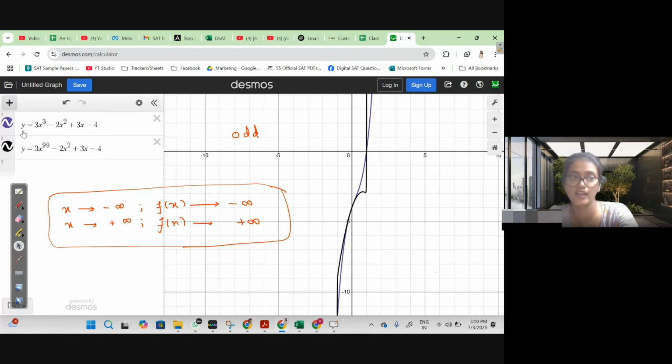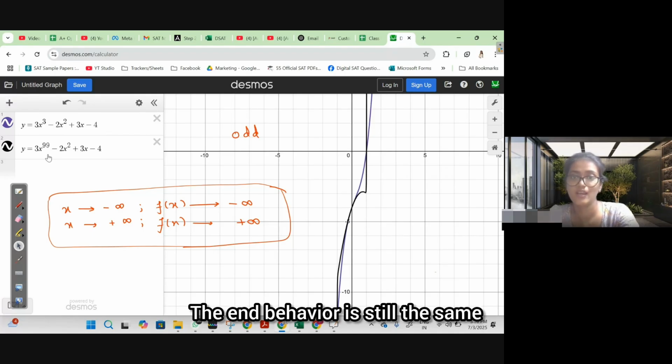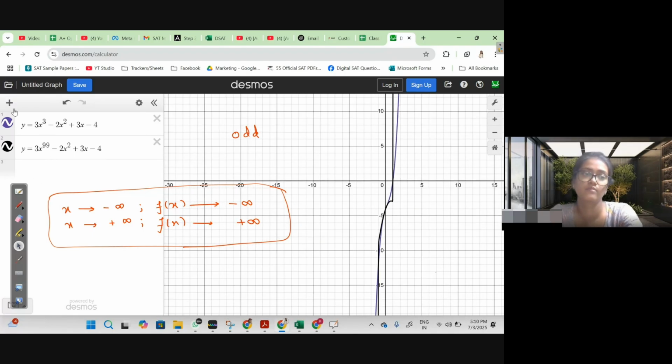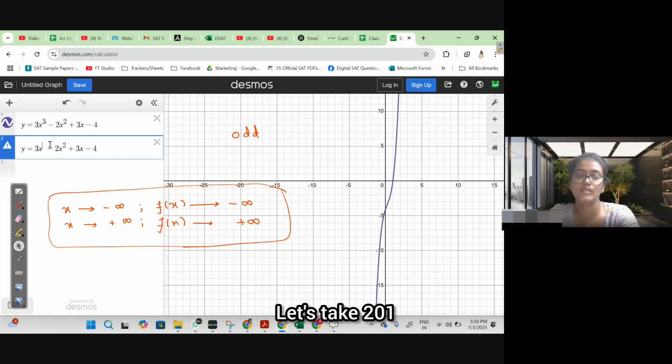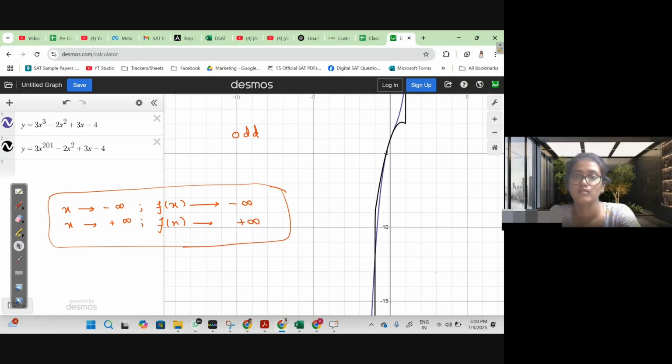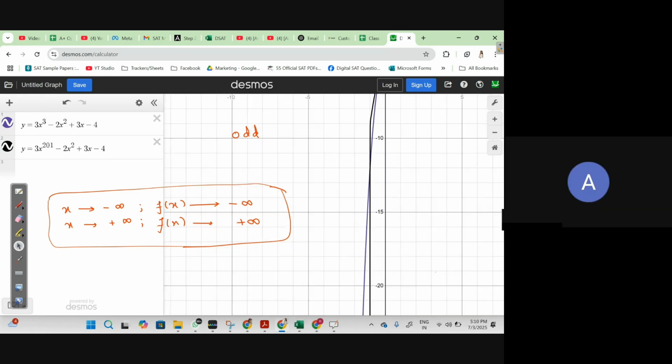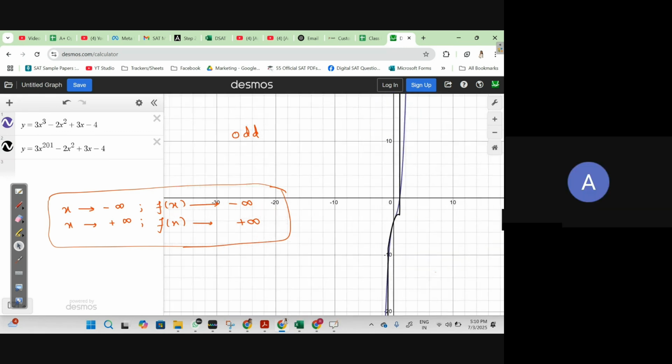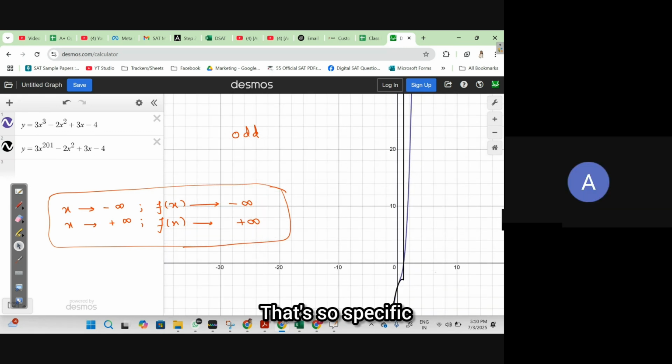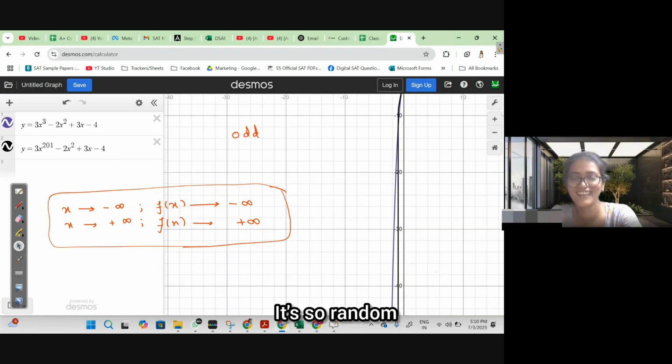This is a 99 degree polynomial. The end behavior is still the same. Okay, let's check 201. 201? That's so specific. It's so random.